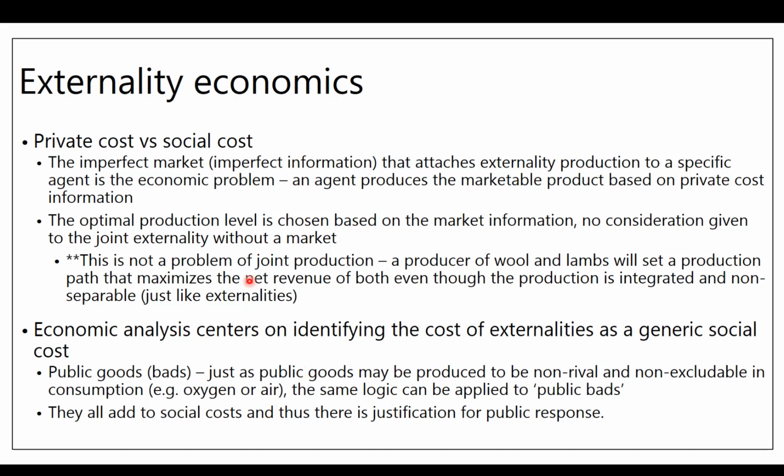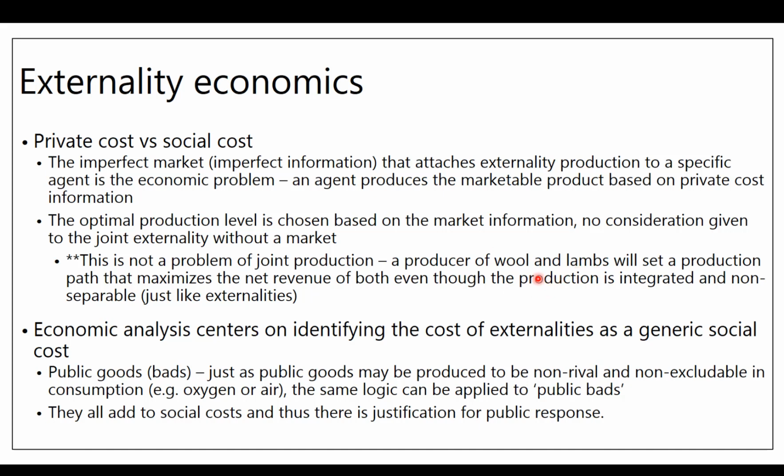And it's important to realize this is not a simple problem of joint production. It's not the fact that two things are made at the same time, because we know how to solve that problem if the markets are both clear. If they both have markets that can clear. So a producer of wool and lambs is producing a joint product, and they set a production path that maximizes the net revenue of both of those jointly, the joint production system, just fine.